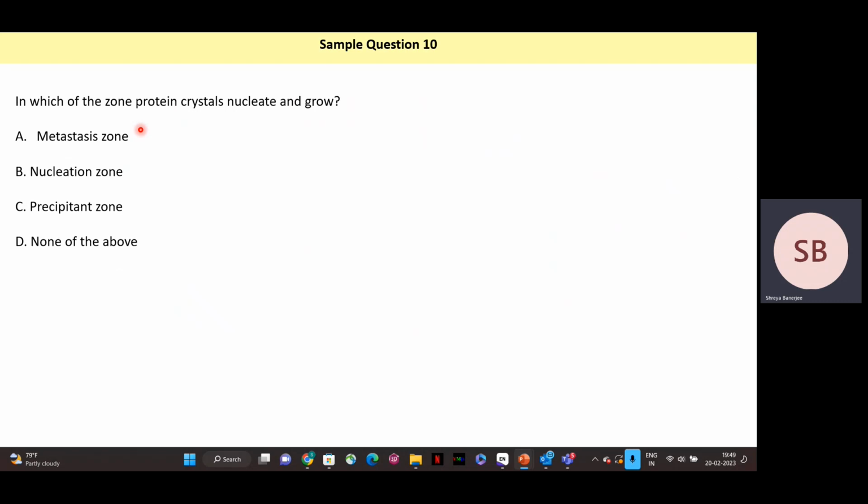The next question is, in which zone do protein crystals nucleate and grow?